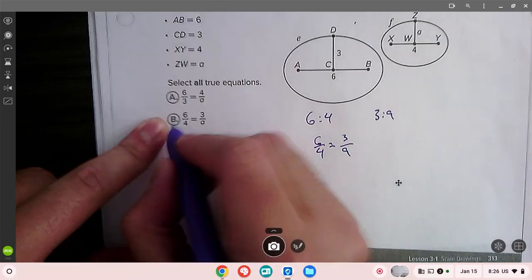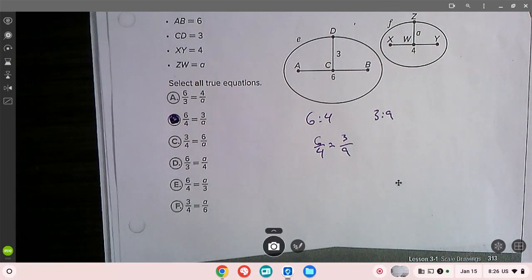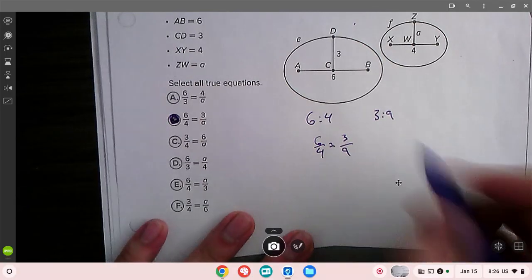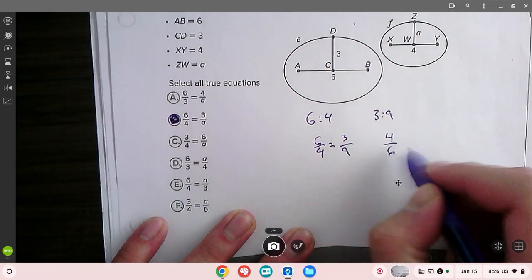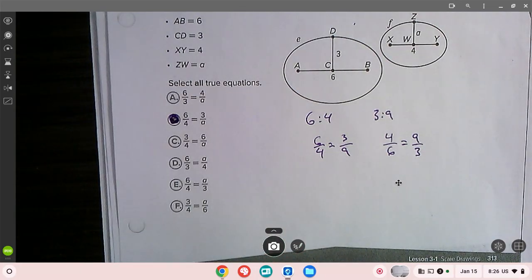Good. Now this isn't the only one that is true. We could also flip all of this and have it be 4 over 6 is equal to A over 3. Which one is that? None of them. All of them have 6 on the top, right?